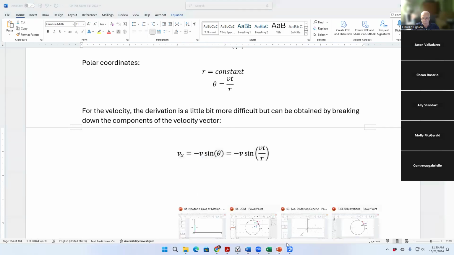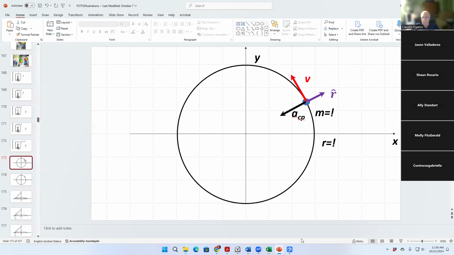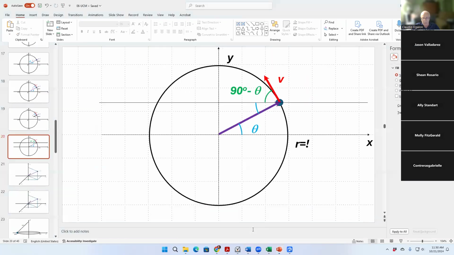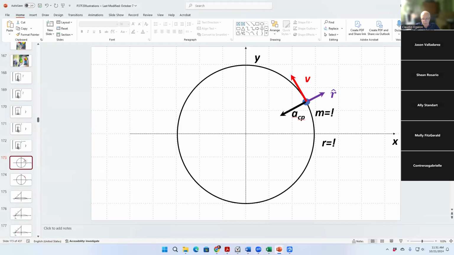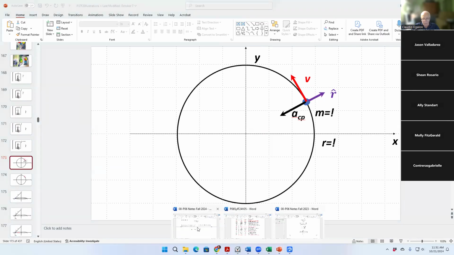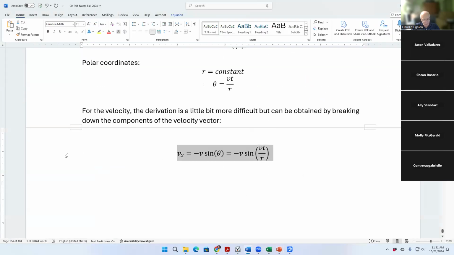Going back there. Not this one. This one here. Right? It's cosine of 90 minus theta. Cosine of 90 minus theta is sine of theta. And then we have for Vy plus V cosine of theta.